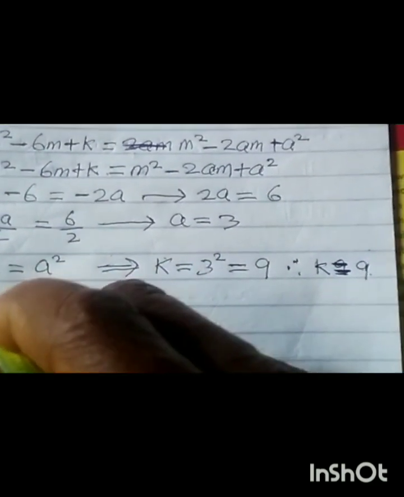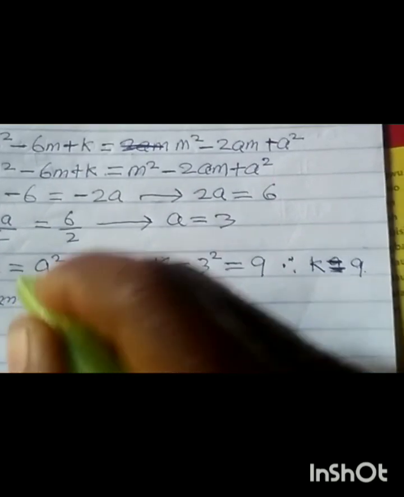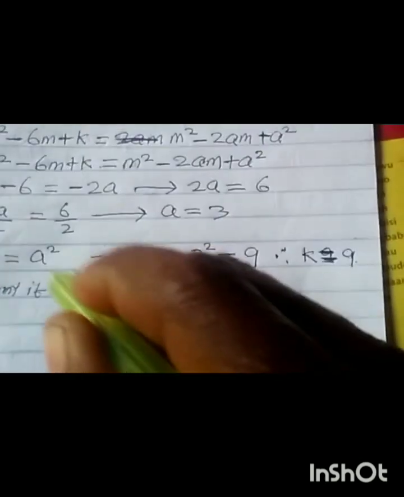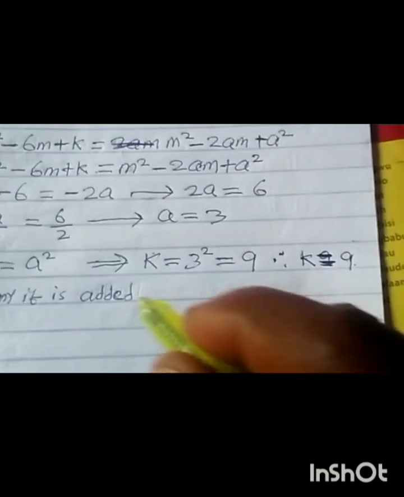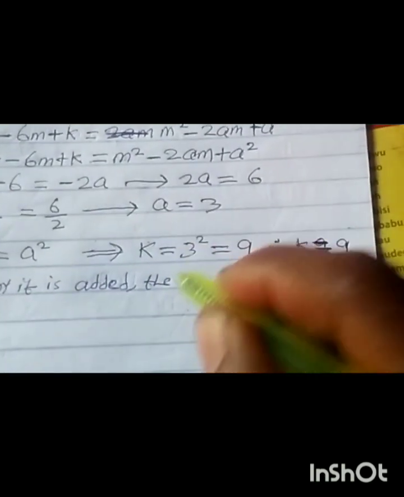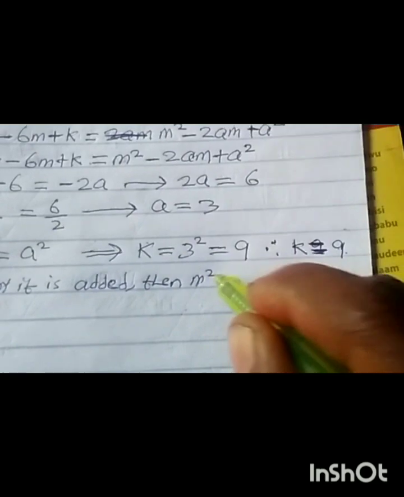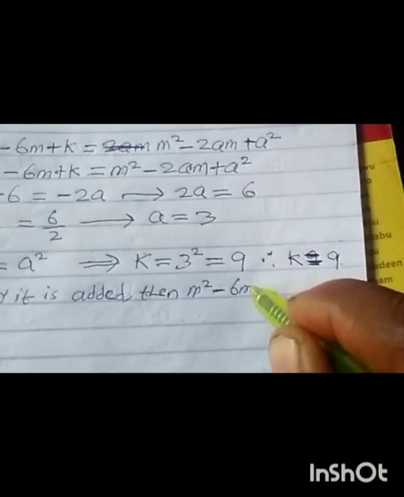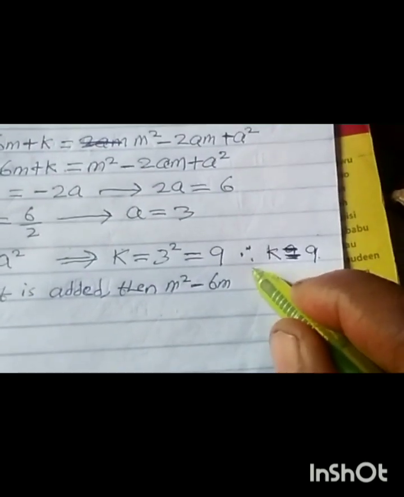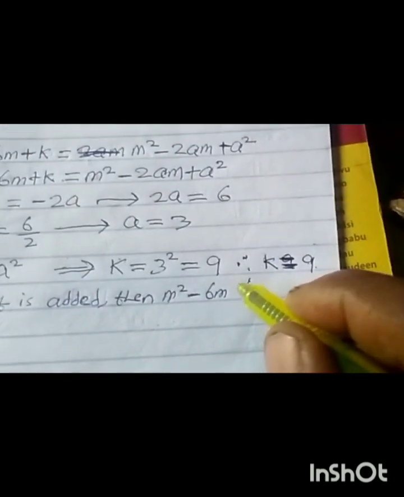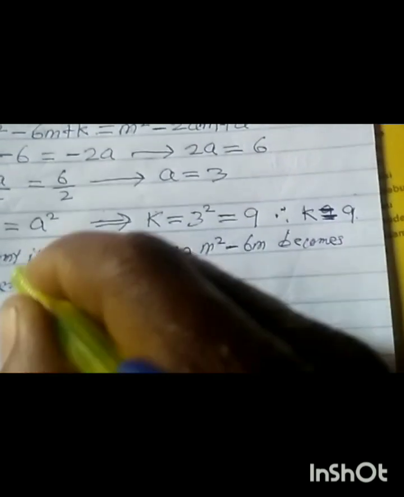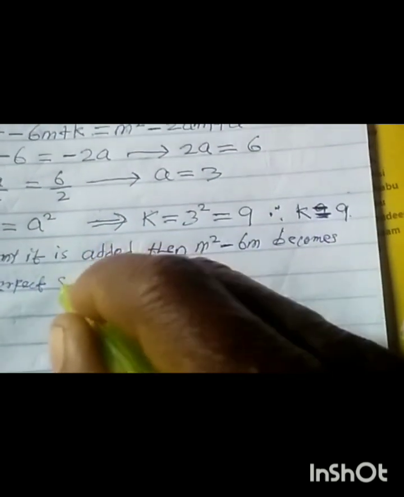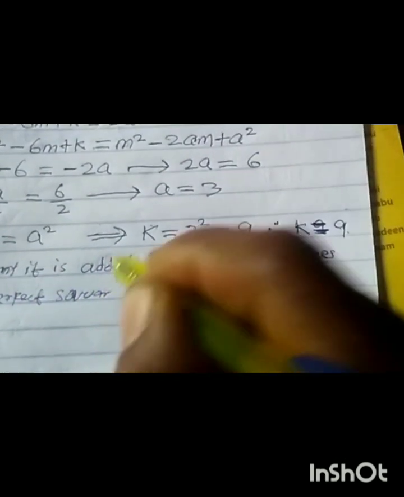When it is added, then m squared minus 6m becomes a perfect square, right?